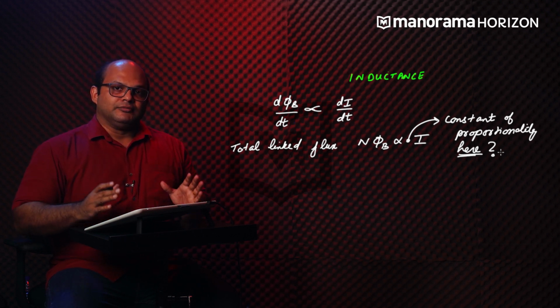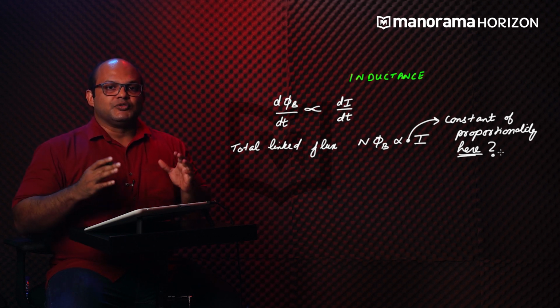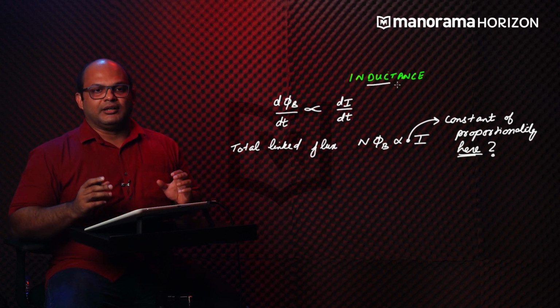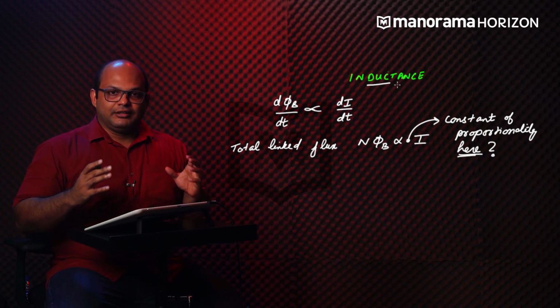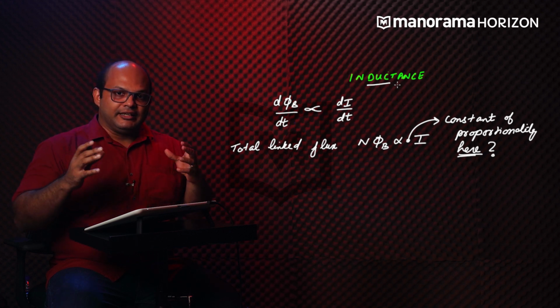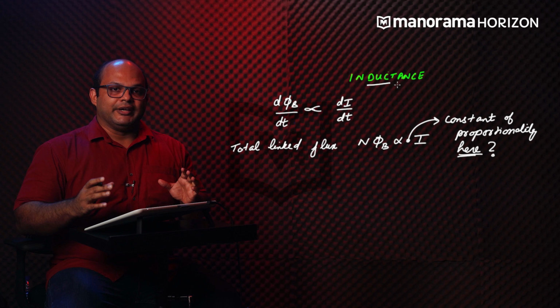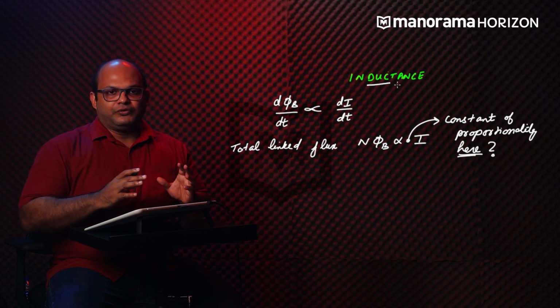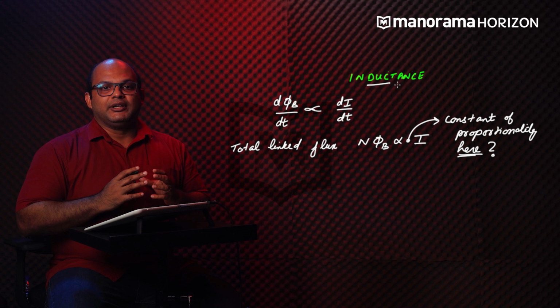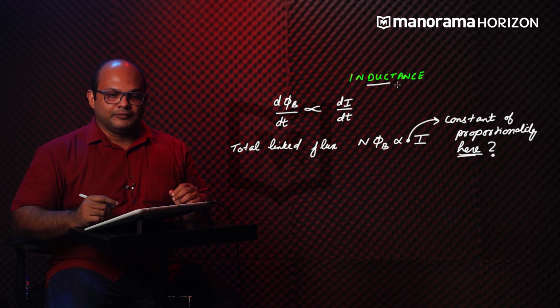This is what we call inductance. And we are going to understand this effect, inductance, in terms of two coils placed inside each other. So this will be a case where the inductance of these two coils is linked to each other. This is what we call mutual inductance. Let's see how this works.